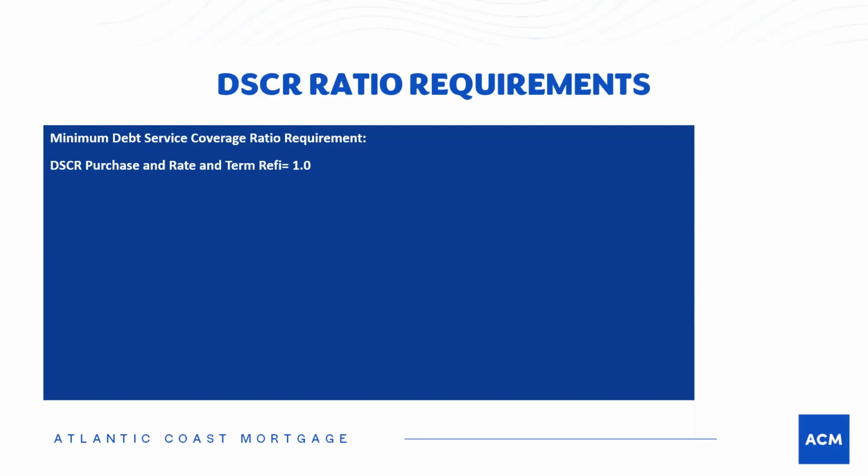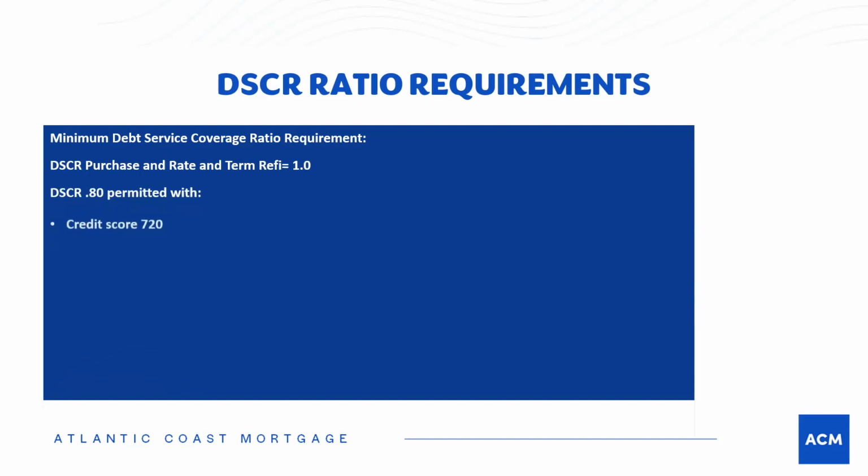The fair market value for rent for that house has to be 2,200 or higher. If it is, then they're eligible for the loan. So that's basically the way this loan works: it works on ratios.